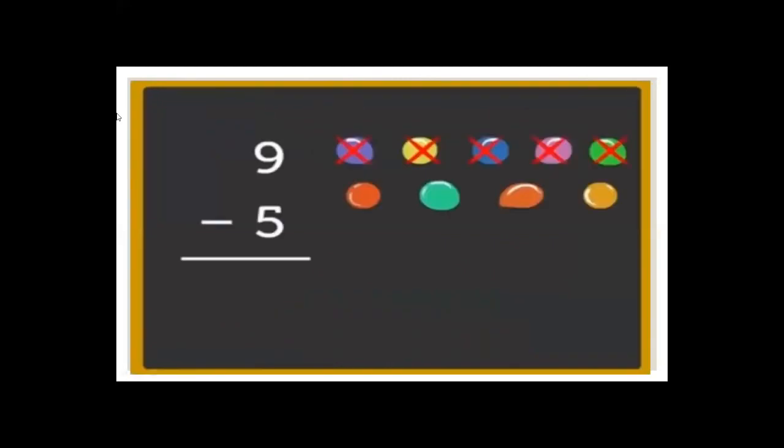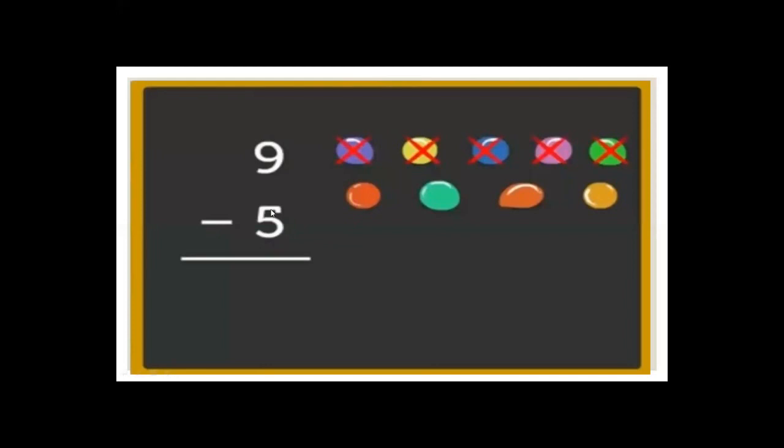In mathematics, how do we write this? As you know, there were 9 balloons, so we write the number 9. And how many did we shoot? 5. So we write 5 downward of the 9.